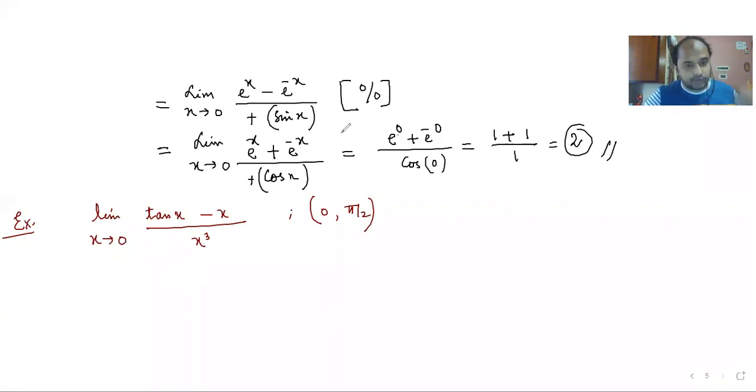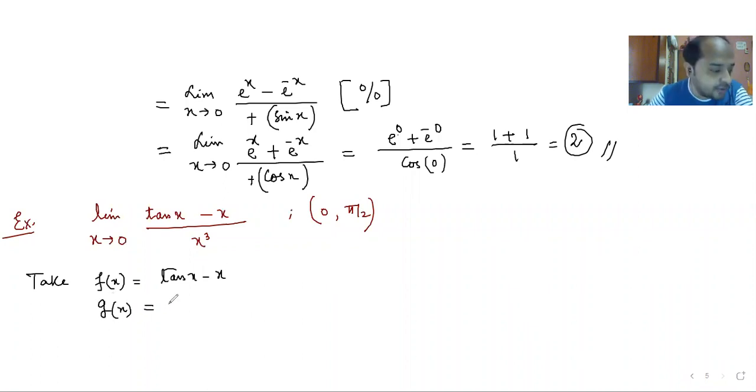Okay, so here also you can do the same thing. Take f(x) equal to tan x minus x, and g(x) is equal to x cube. They are defined in 0 to pi by 2.